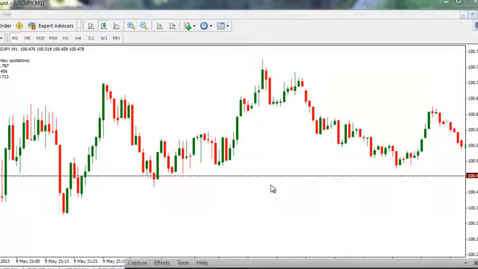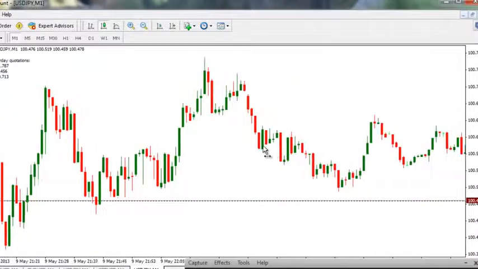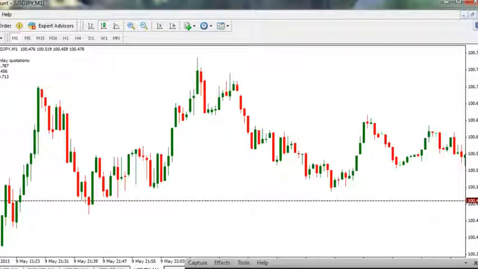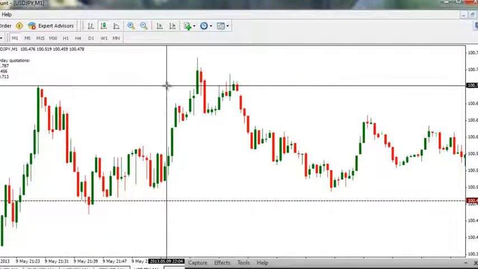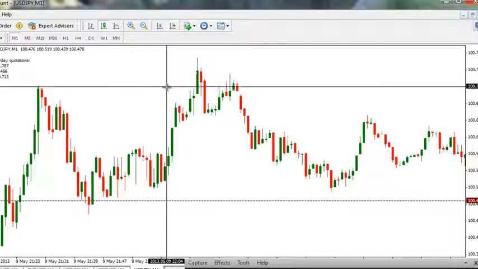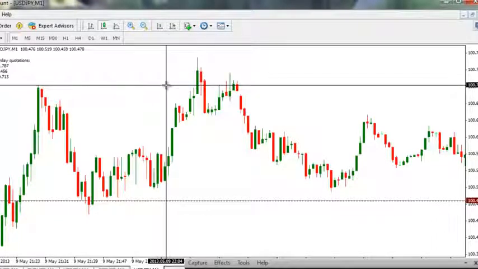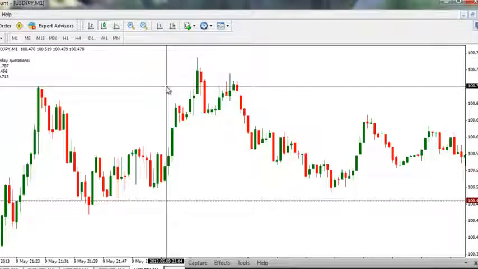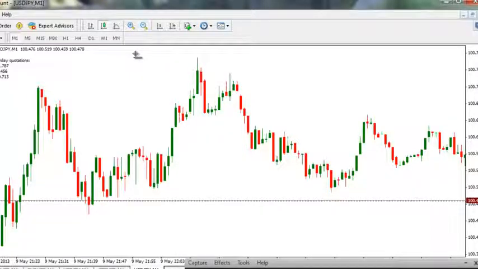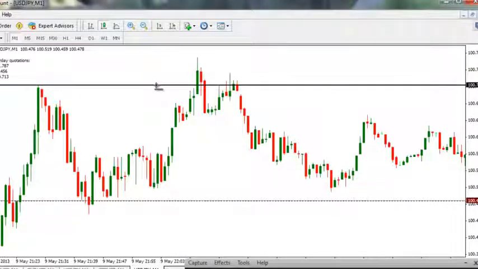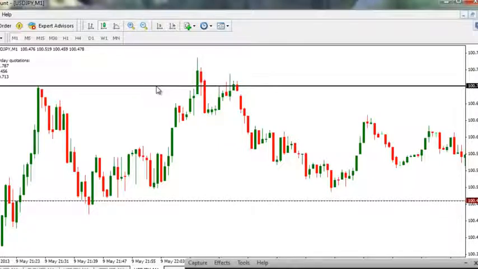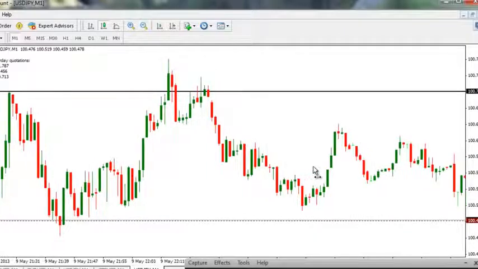So we're looking for confirmed areas of resistance, of course, so you can always pull out your hash mark and see if you see something. So this is a confirmed area of resistance here. We have two touches, so I'll put a bar right here, horizontal bar, and that'll be something where I look for a put option if price touches there.